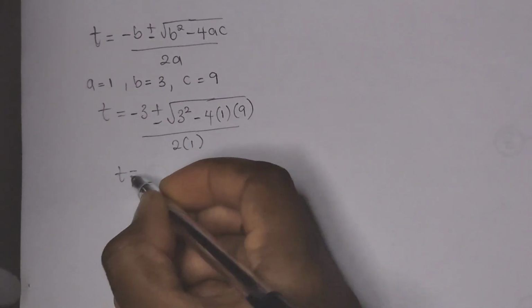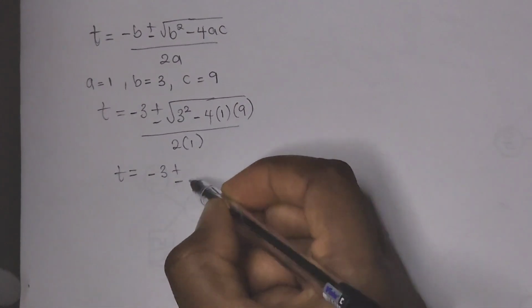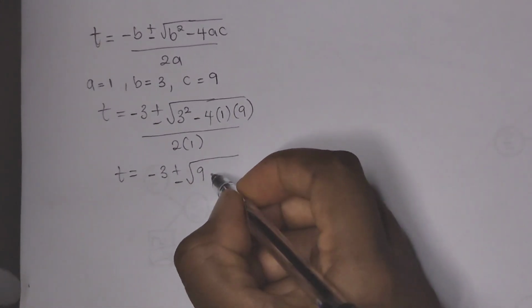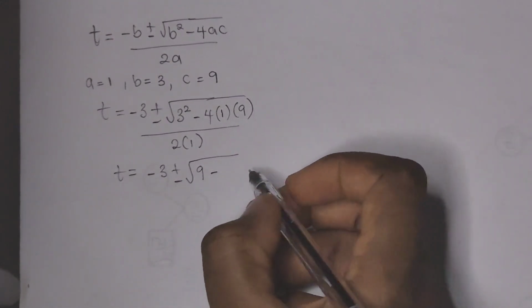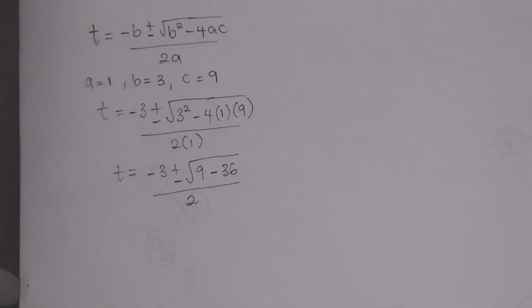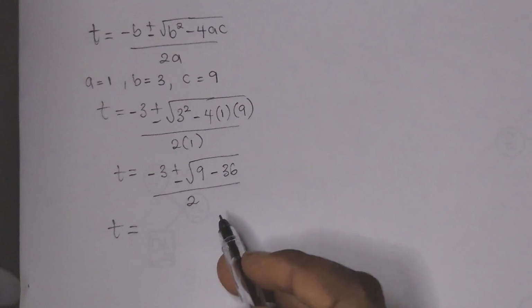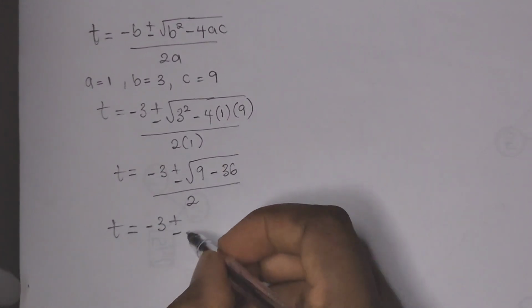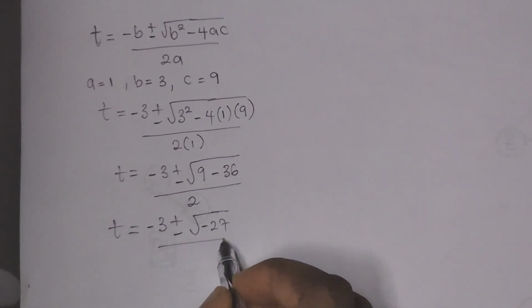So t is equal to minus 3 plus or minus square root of 3 to the power of 2 is 9, minus 4 times 1 times 9 is 36, all over 2. So our t is equal to minus 3 plus or minus square root of minus 27 over 2.